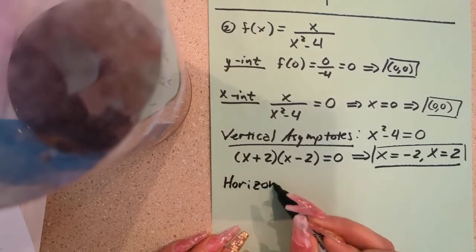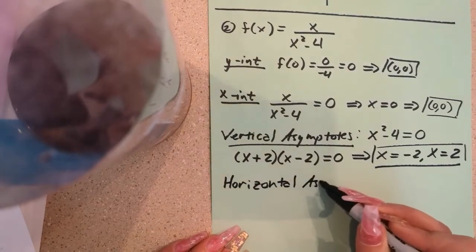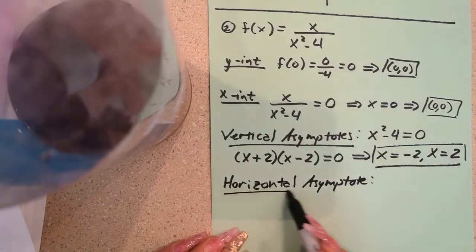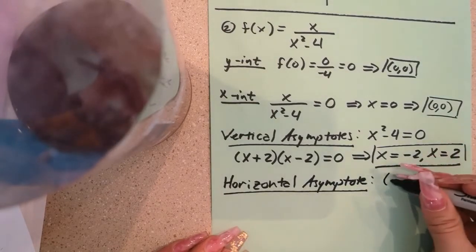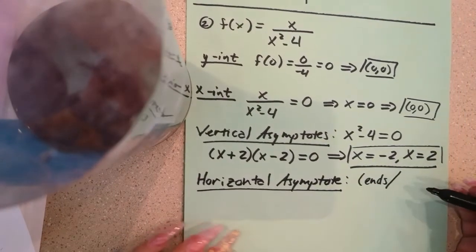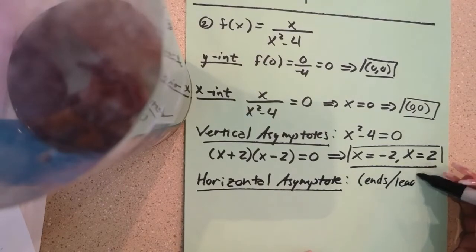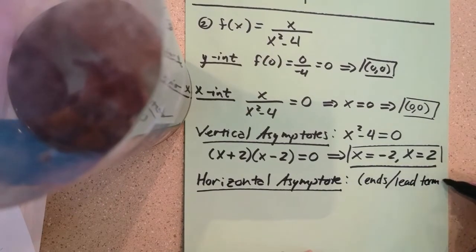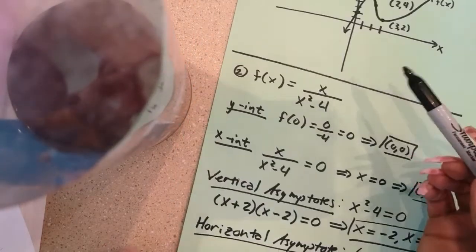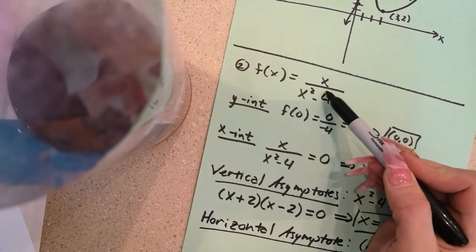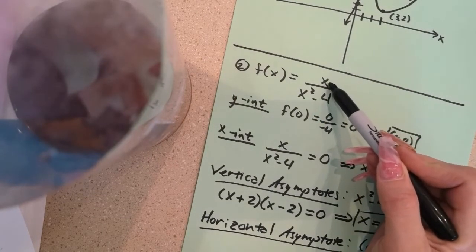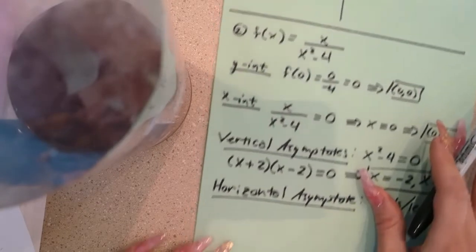What about the horizontal asymptote? Remember, the horizontal asymptote is really telling us what happens on the ends of the graph for big values of x. What we needed to look at is the leading terms. If x is a really big number here, this 4 is going to be irrelevant. What's going to dominate is the leading term in the numerator, x, and in the denominator, x squared.